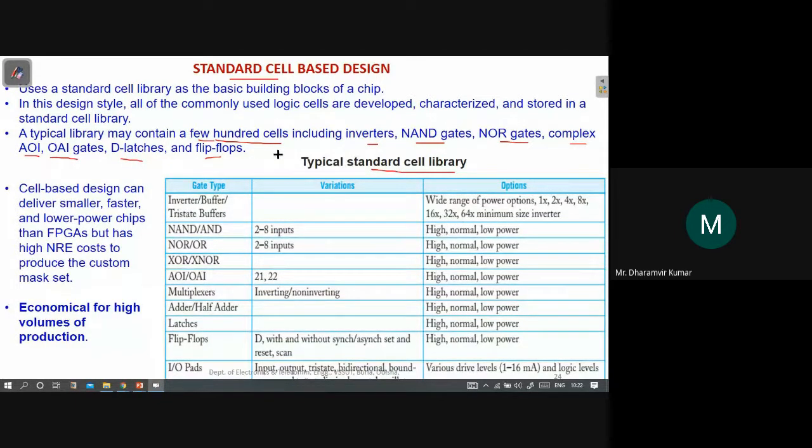So the library contains these smaller cells, some combinational gates and flip-flops, and some arithmetic circuits. The designer will pick up those components from the library and design the whole design.